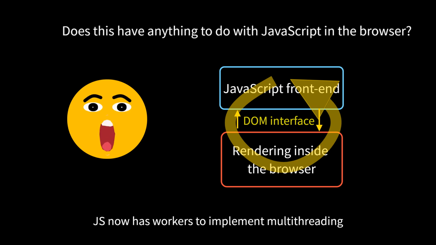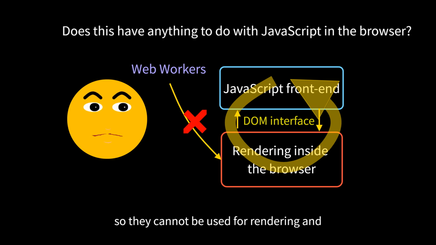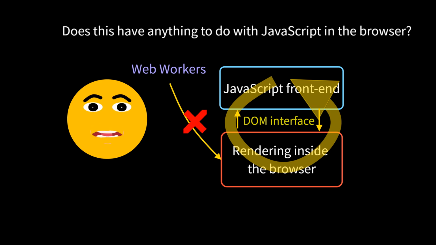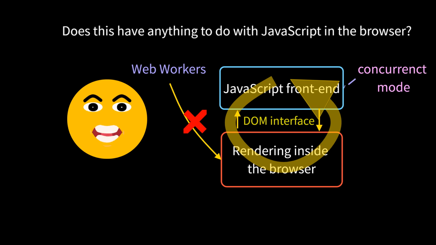Note, though JS now has workers to implement multi-threading, they cannot directly call the DOM interface, so they cannot be used for rendering and can only be used for pure computing. Therefore, the React team implements a concurrent mode at the JavaScript level to achieve similar effects.